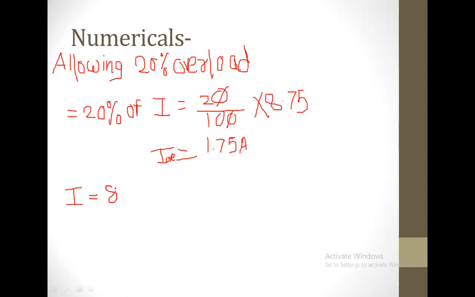This 8.75 plus 1.75, that means 10.5 ampere. Now for three phases, we have to multiply by 3, that means 31.5.